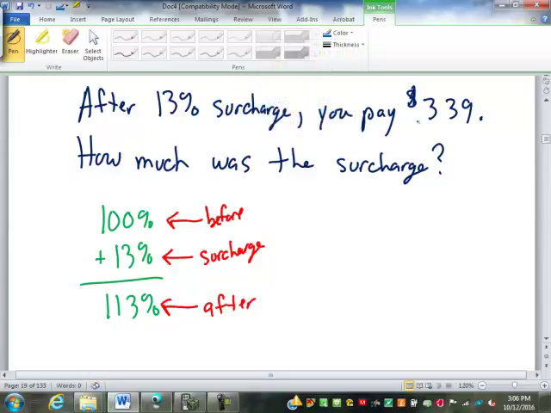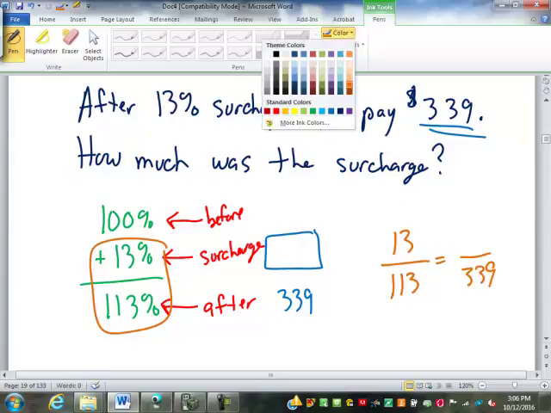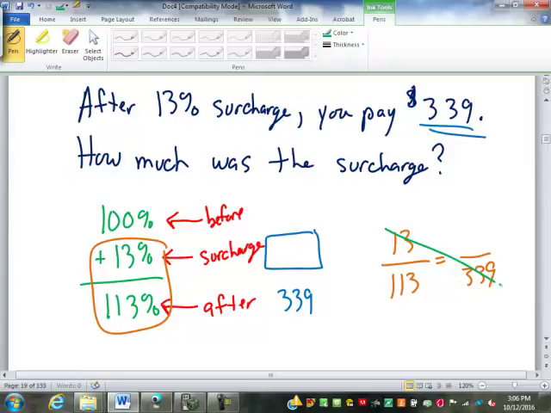And 339 is also after. What we're looking for here is the amount of the surcharge. So I would just compare the 13 to the 113 with the 339 on bottom. Cross, multiply, and divide. You do get $39.